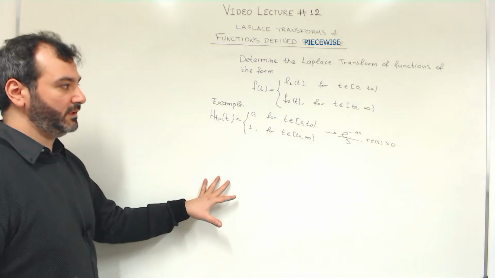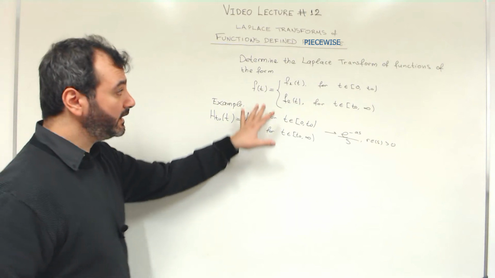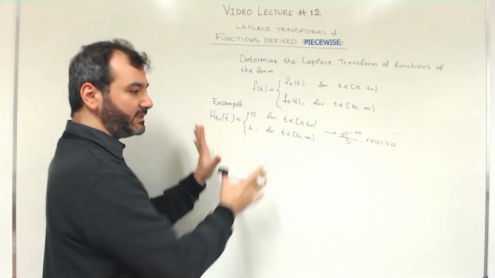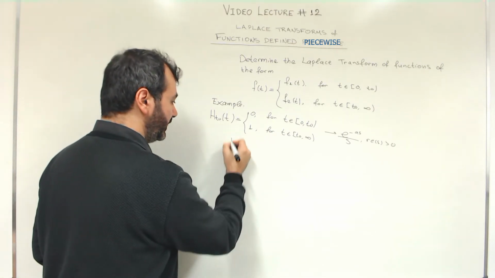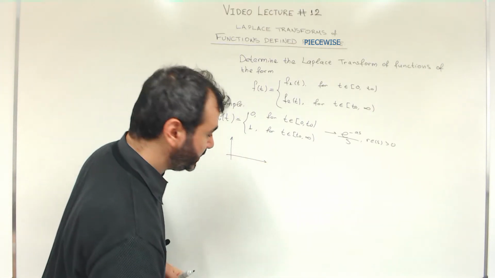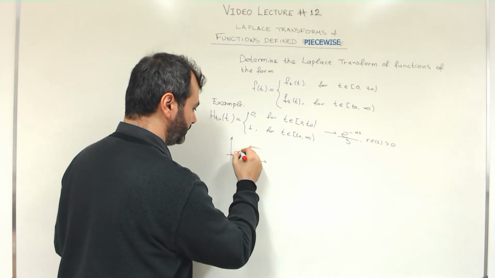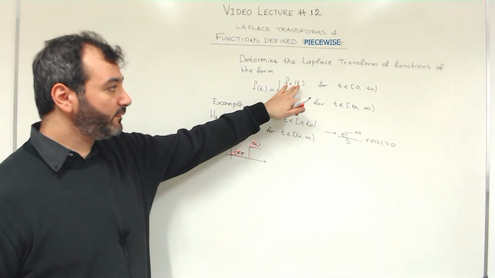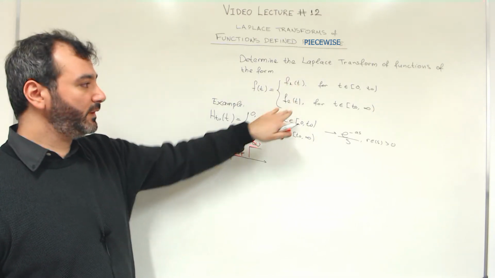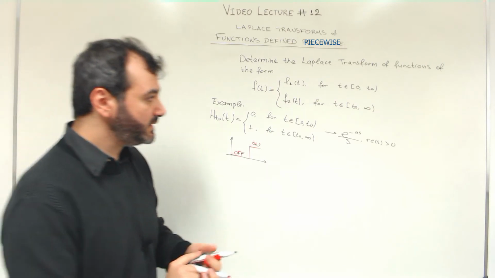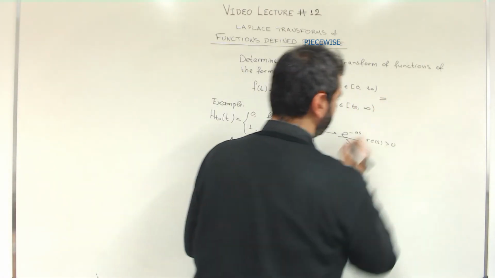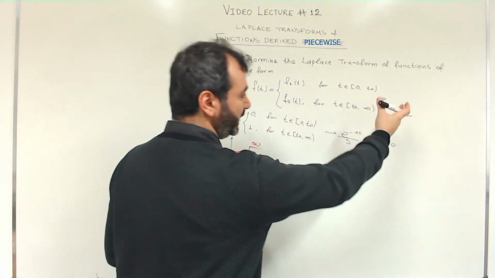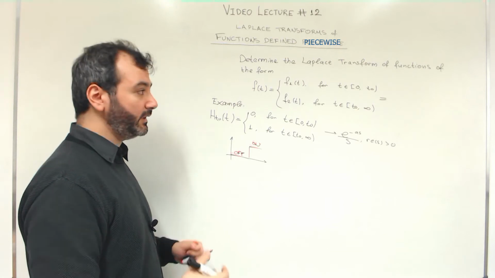Now there is a very interesting fact about this function f of t, and this fact is that we can use the Heaviside function, which I'm repeating, we can think of it as a switch that goes from 0 to 1. We can use this switch to turn it on when the function changes from f1 to f2. In other words, there is a way to write this function equivalently using the Heaviside function. I will give you the fact and then I will explain how it came about.